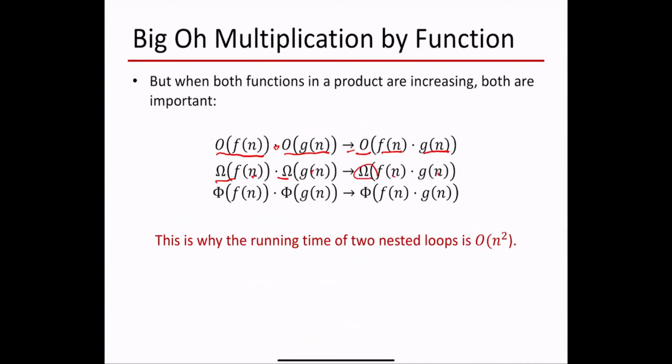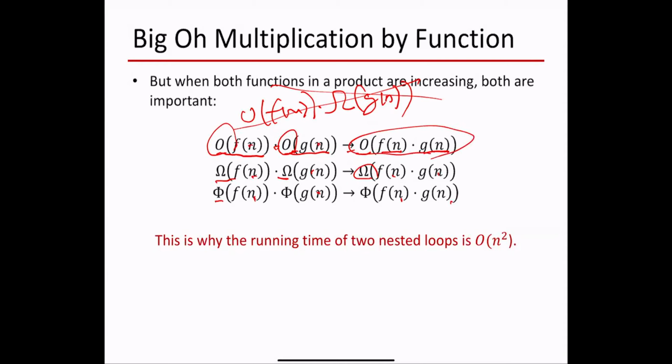Big theta of f of n times big theta of g of n is big theta of f of n g of n. But we cannot use big O of f of n multiplied by omega of g of n. This is meaningless. But we can use big O and big O, okay? And both are increasing, so we can use it this way.